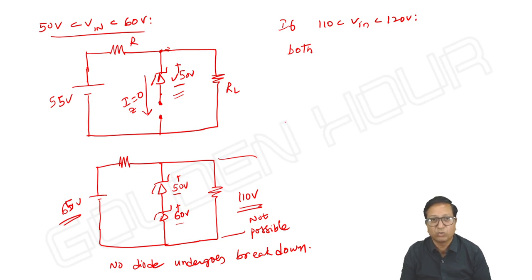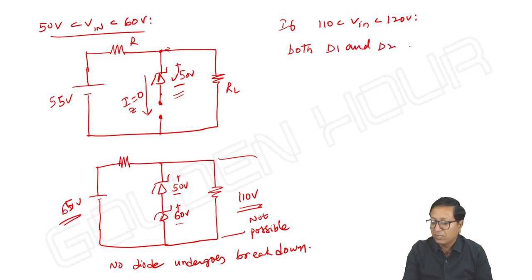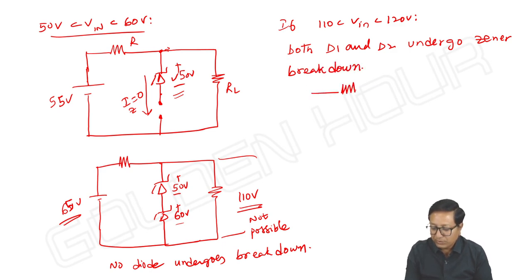No diode undergoes breakdown if V input is less than 110 volts. So if input is greater than 110 volts, then both D1 and D2 undergo breakdown. Then we can see the overall output this way.